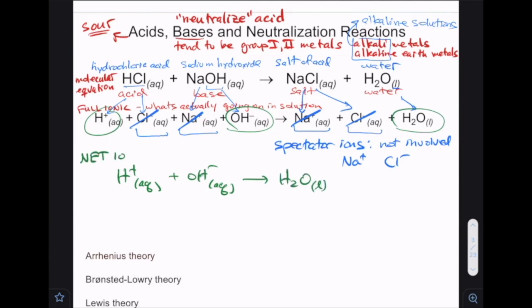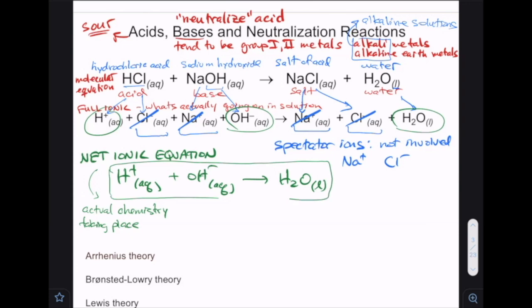This is what we call the net ionic equation. The net ionic equation shows you the actual chemistry taking place. Now, this net ionic equation applies to all sorts of reactions in aqueous solution. But this net ionic equation for acids and bases really is the heart of our discussion in chapters 15 and 16.